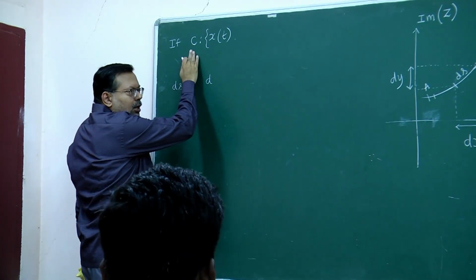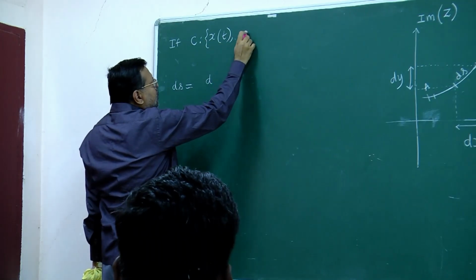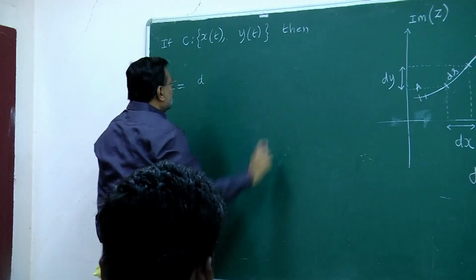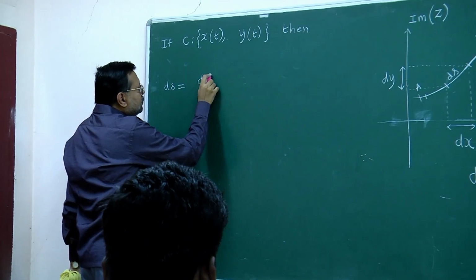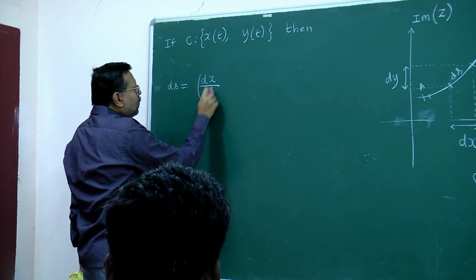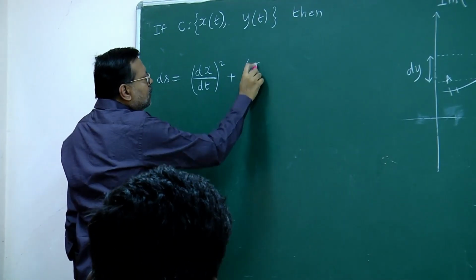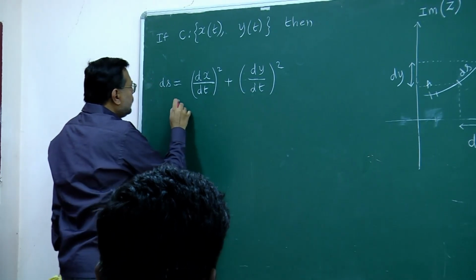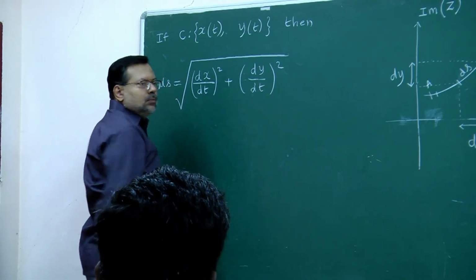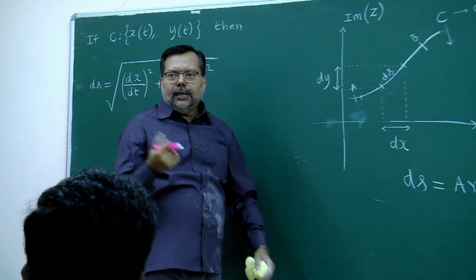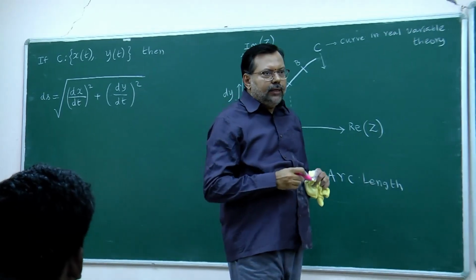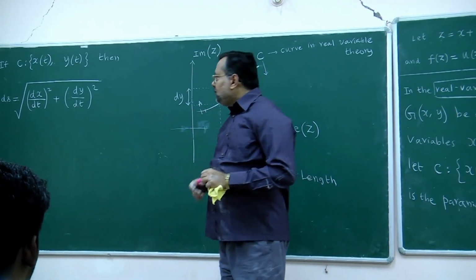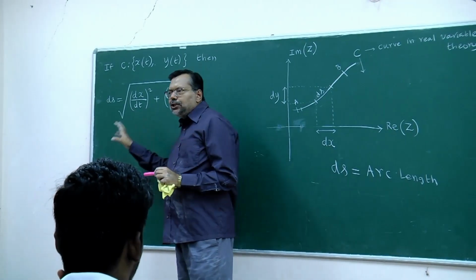So if the contour is available in the parametric representation like this, then this distance is given by the square root of (dx by dt) whole square plus (dy by dt) whole square. This is quite familiar. You might have studied it in first year BSc. So therefore, we are going to substitute all these things there.